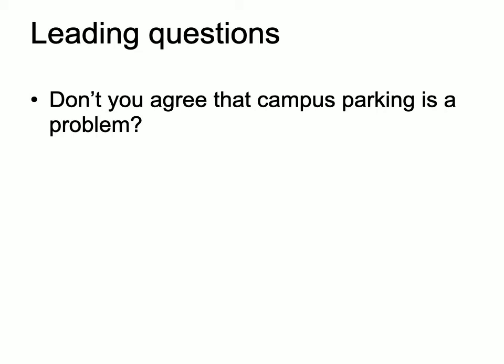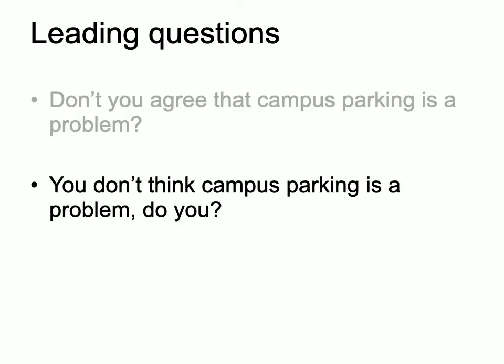That's leading people to agree with me, and more people will answer yes than if I worded the same broad question a little differently. So if I said, you don't think parking is a problem, do you? More people are likely to say no. Right, and so we just want to be really careful that our questions are as neutral as possible.